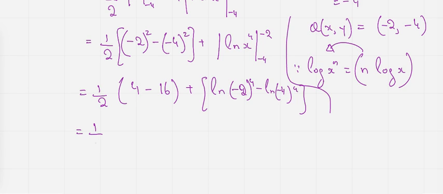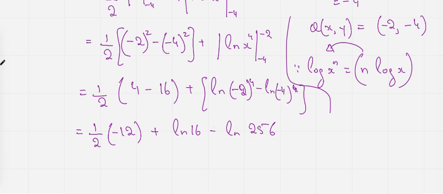So it's going to be 1 upon 2 times minus 12, plus ln of minus 2 to the power 4. It gives me minus ln of 256, because minus 4 to the power 4 gives me 256.